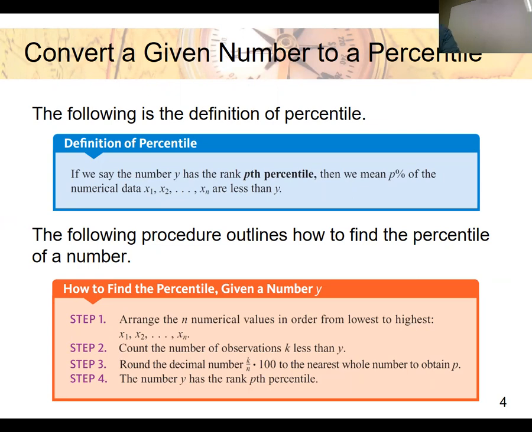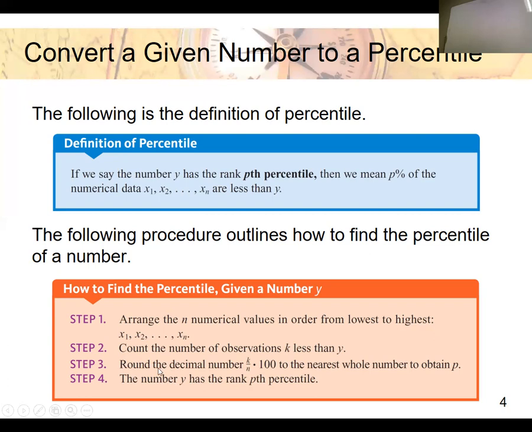And now the orange box gives you the procedure for how to find the percentile. Let's say you're given some value of y, and you want to find out what that percentile is for that value. The first step is to make sure that your numerical values are ordered from lowest to highest, least to greatest. Then number 2, you count the number of observations that are less than that data value.